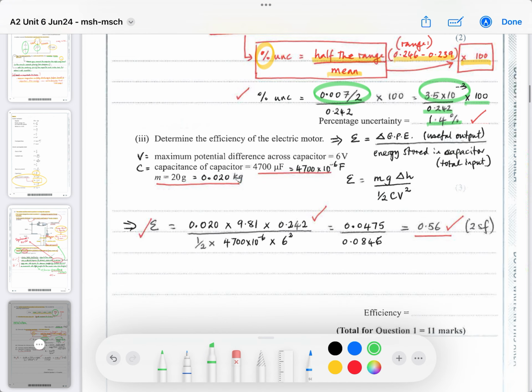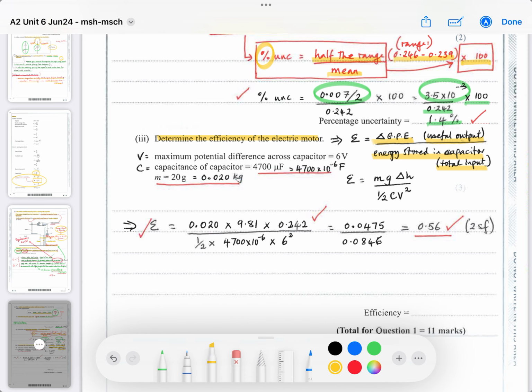All right, next part of the question, they want you to determine the efficiency of the electric motor. Efficiency is the useful output, which is gravitational potential energy, divided by the energy input, which was the energy stored in the capacitor, which is the total input. So useful output against total input, and they've said efficiency.